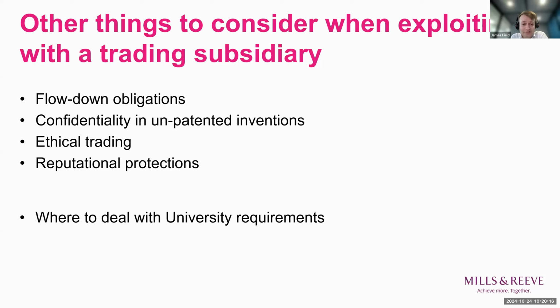Another point, which is specific to patents, but should really be thought about, is this. When the university is speaking with the subsidiary, or the subsidiary is going to be speaking with third parties, if at that moment a patent application in relation to the invention hasn't been filed with a patent office, you really need to make sure that everybody is going to be acting under appropriate obligations of confidentiality.